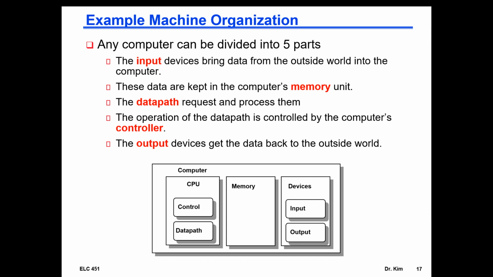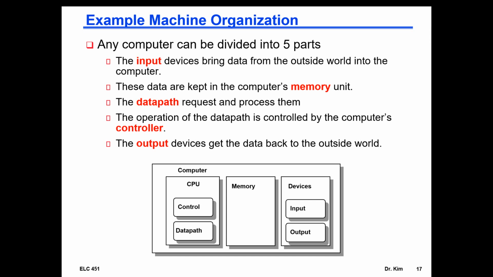The controller is what interprets the program and tells the data path exactly what it needs to do. So it manages the data path exactly. And last but not least, we have the output devices to get the data back to the outside world. Okay, so like a screen. So that's a simplified view, but that gives you an idea.